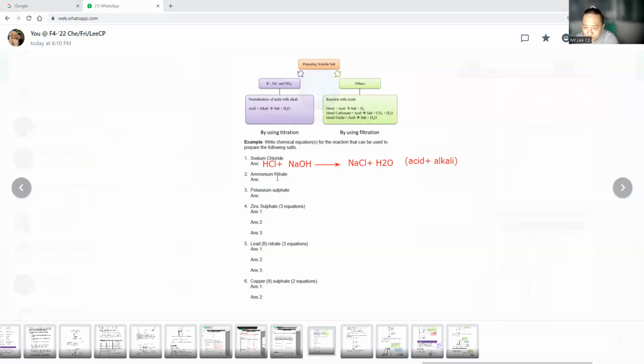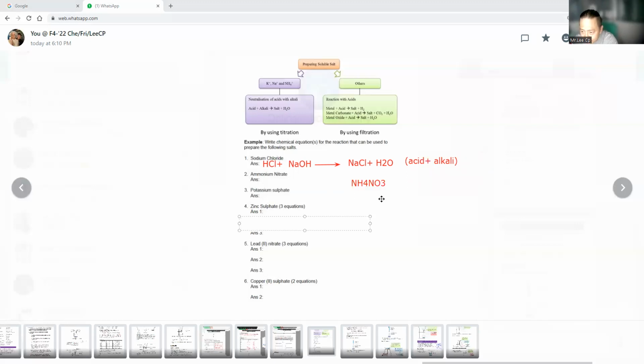Okay, now ammonium nitrate. I want to get ammonium nitrate. Ammonium nitrate is NH4NO3. So what should I have? What should I give you to get the NH4?